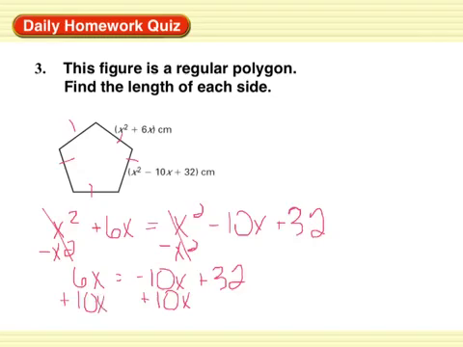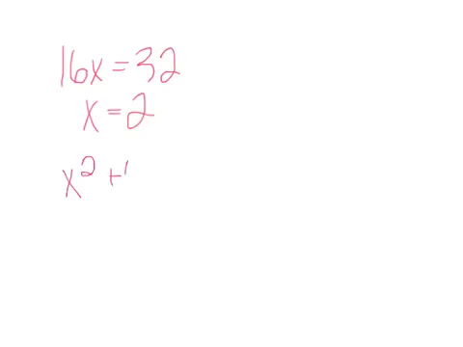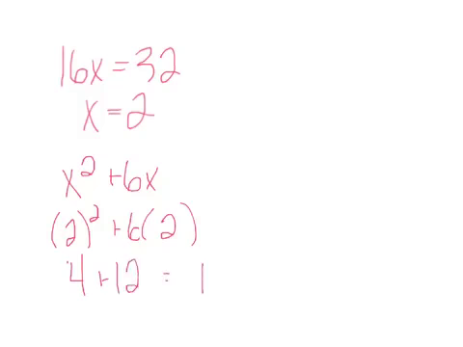I have 16x equals 32. Let's do x squared plus 6x. 16x equals 32. Now I need my equation. Plug in 2. Sorry. 4 plus 12 equals 16 centimeters. That's it.